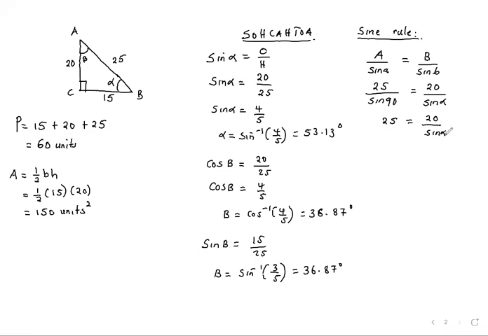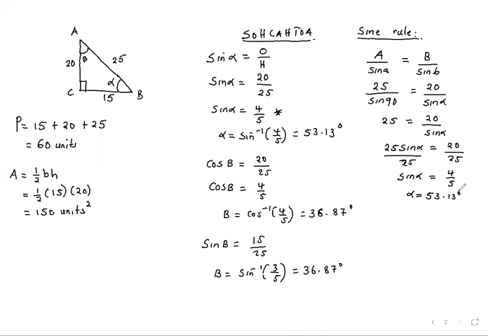Cross multiply, we'll have 25 sine alpha giving us 20. Then we divide by 25, so sine alpha is equal to 4 over 5, exactly what we have here. So you can see that alpha is going to come out to be 53.13 degrees.